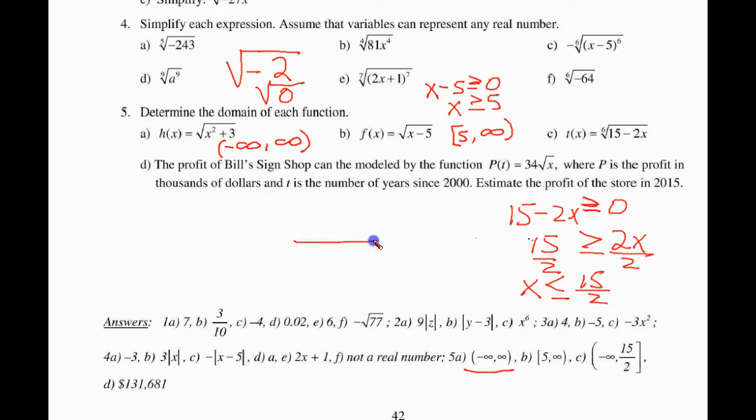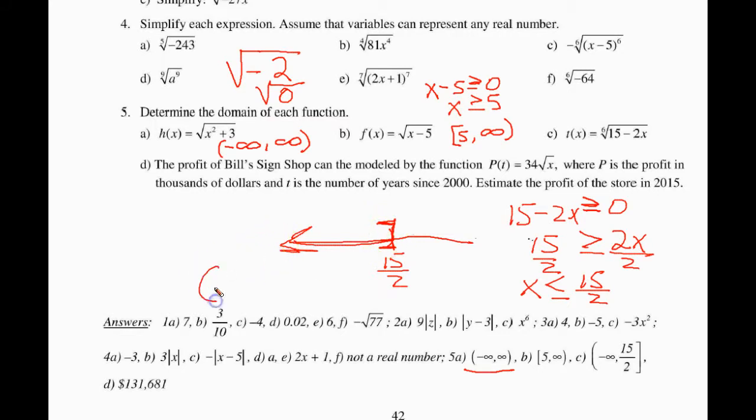Now again, on a number line, 15 halves would be right there. And what sign do we indicate on our number line? Well, we're going to put a bracket because that's included in the set. And it's less than, so it's going this way. Now, how do I put that in interval notation?